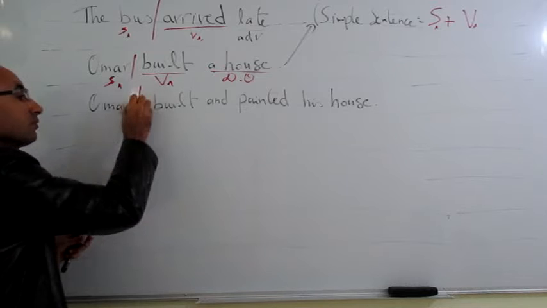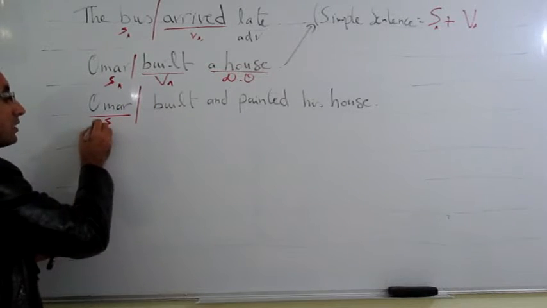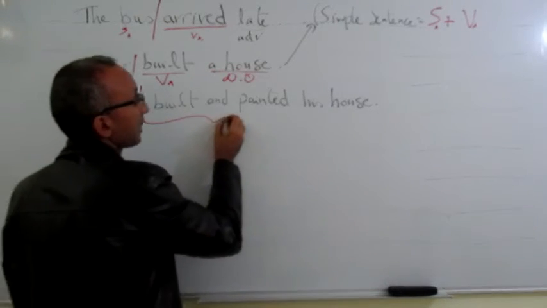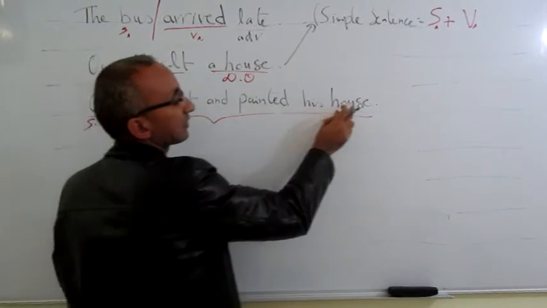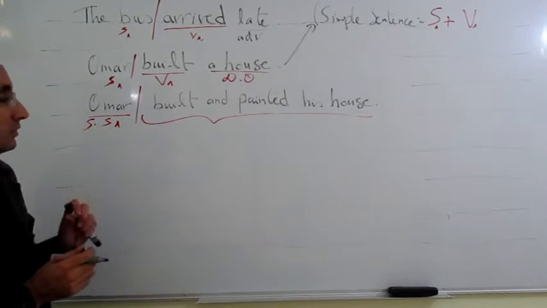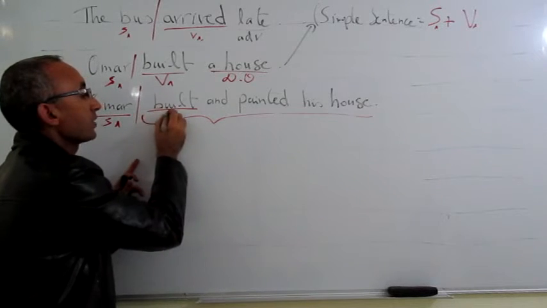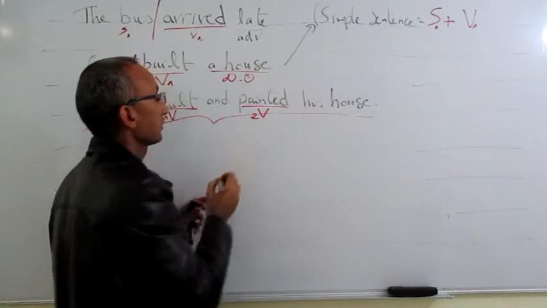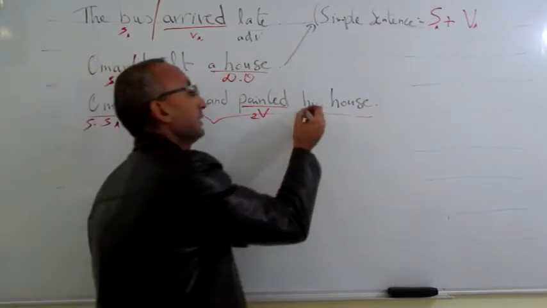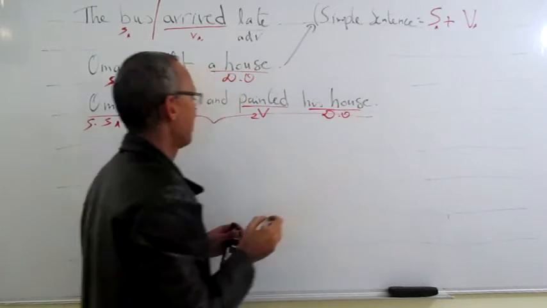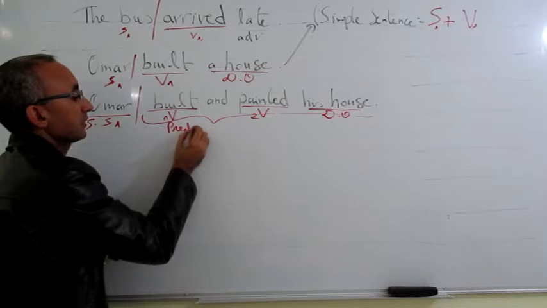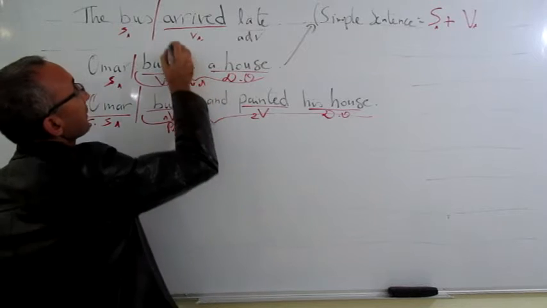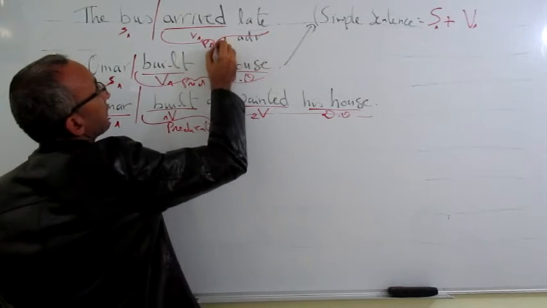I have my subject as Omar, simple enough, it's only one subject, and I have my predicate which is complete, starts from built until house. But look here, I have built as my first verb, and also I have painted, my second verb. He built and painted what? His house, my direct object. And here is my predicate. Here also is my what? Predicate. Here also is my predicate.